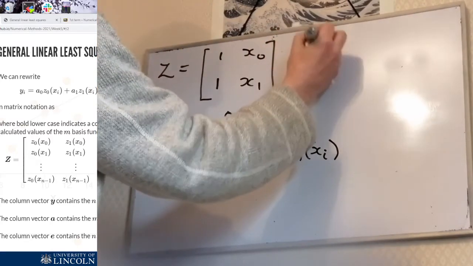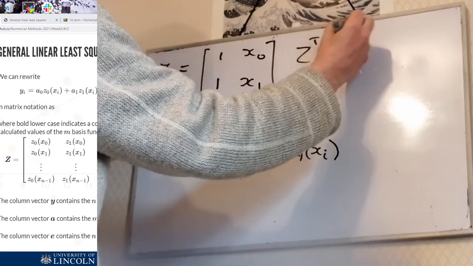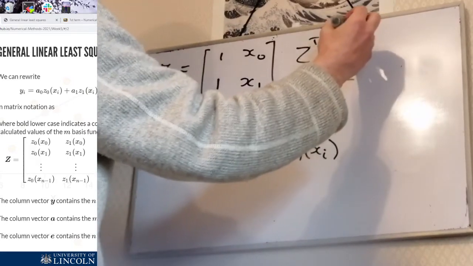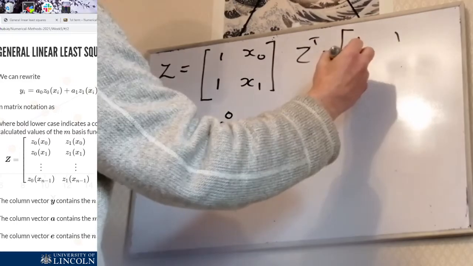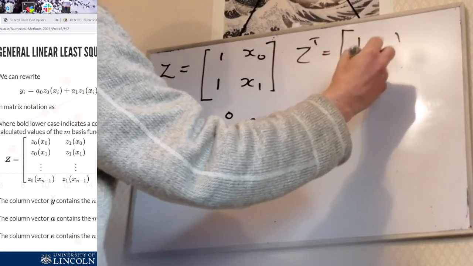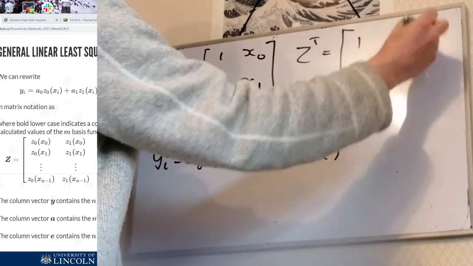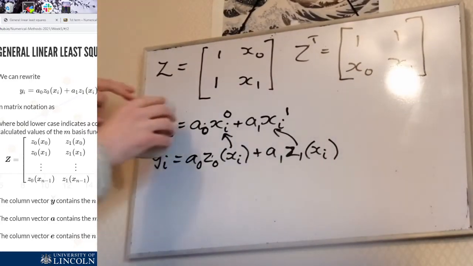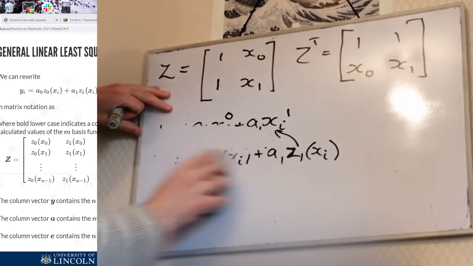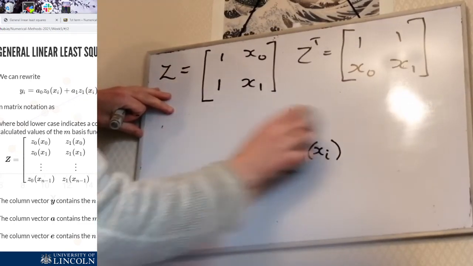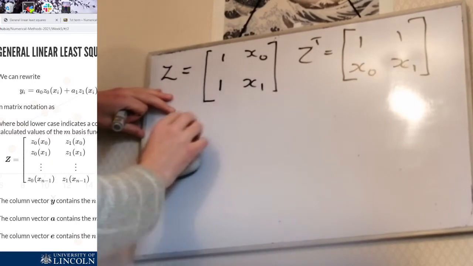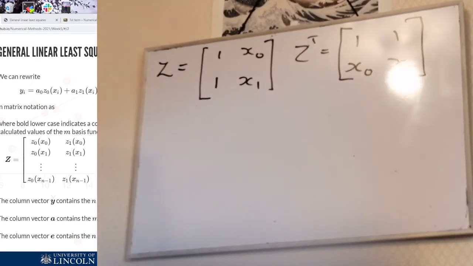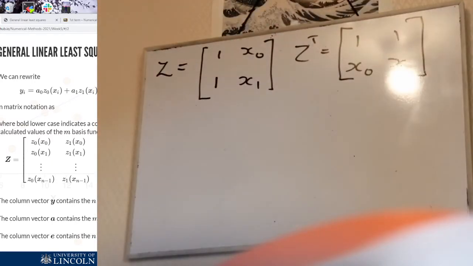Now, obviously, my transpose is going to be the rows of ones and x values.